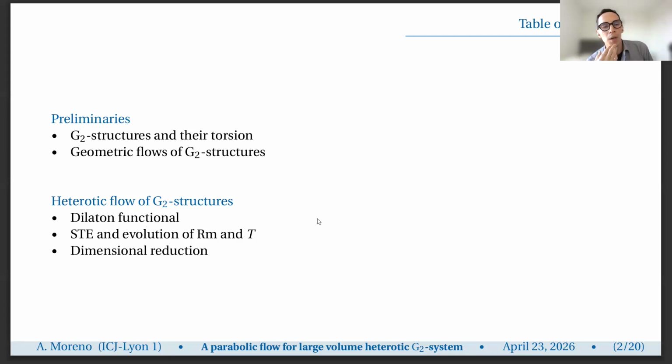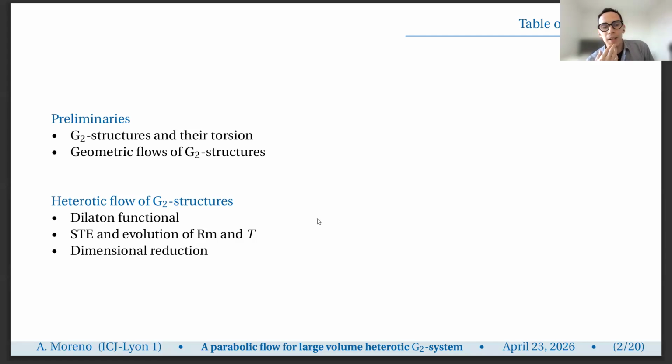the issues that we found trying to define a good flow. By a good flow, I mean a flow with short time existence and uniqueness, also preserving the right torsion class and getting nice critical points.